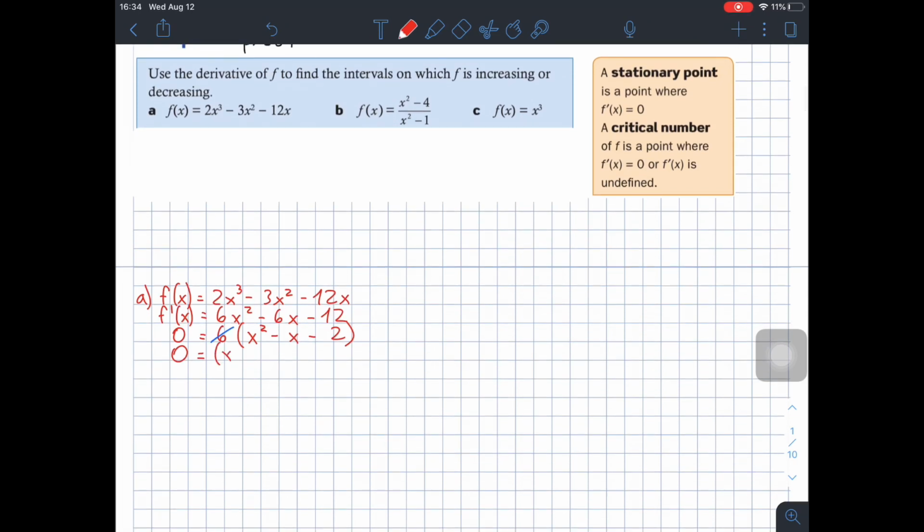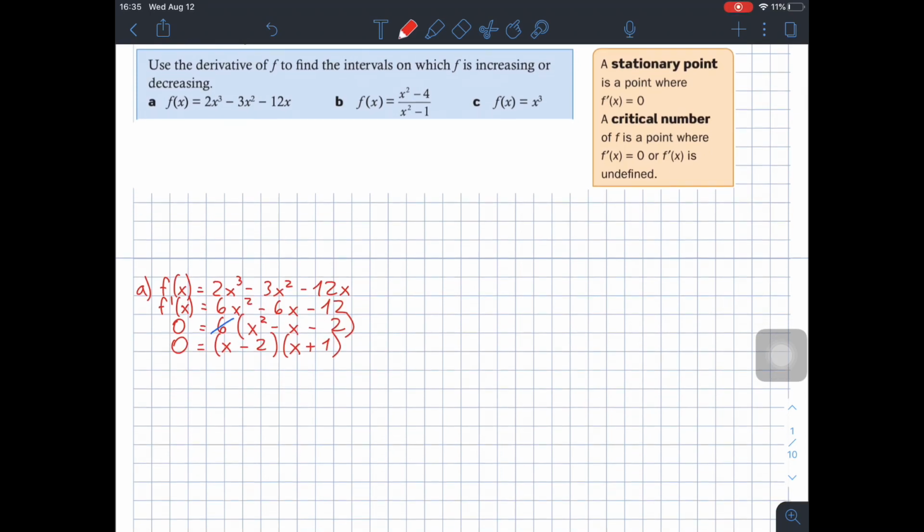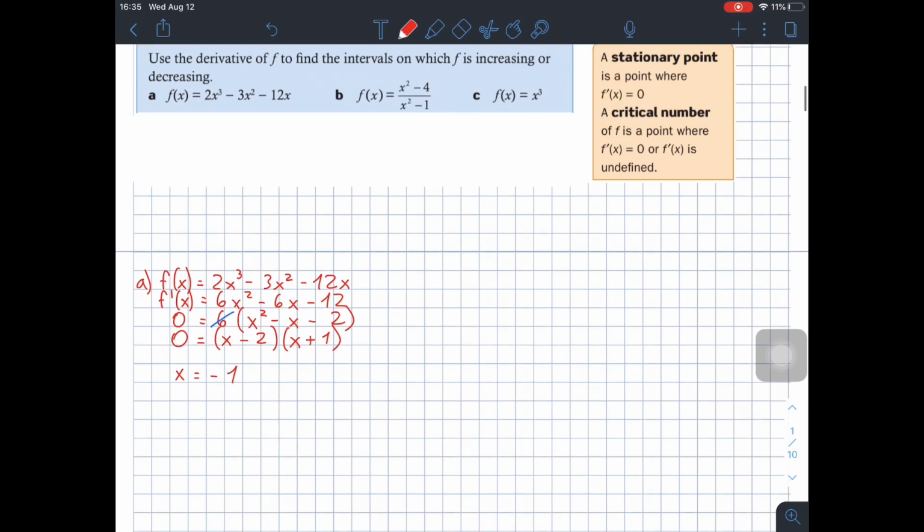A pair of values that multiply would give me -2 and added would give me -1. So we have -2 and +1, right? So x equals, we write first -1 because it's smaller. x equals -1 and x equals 2 in this case are my critical numbers, okay?